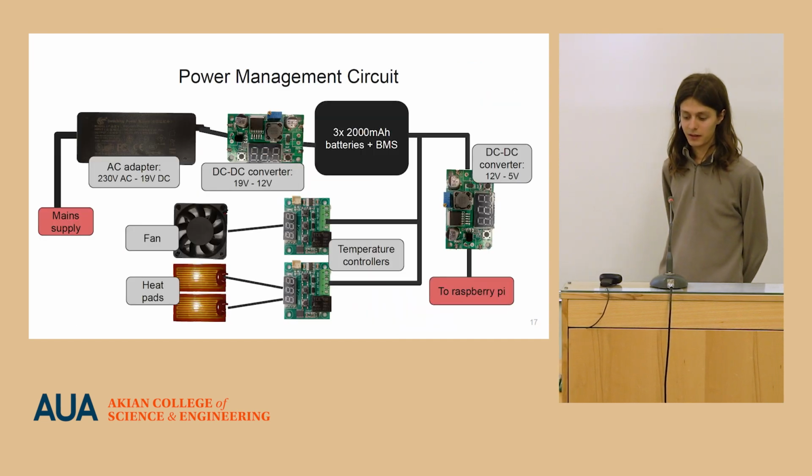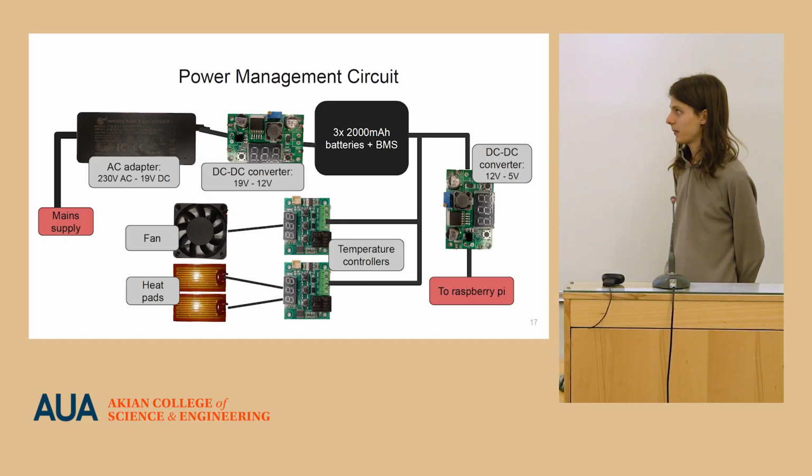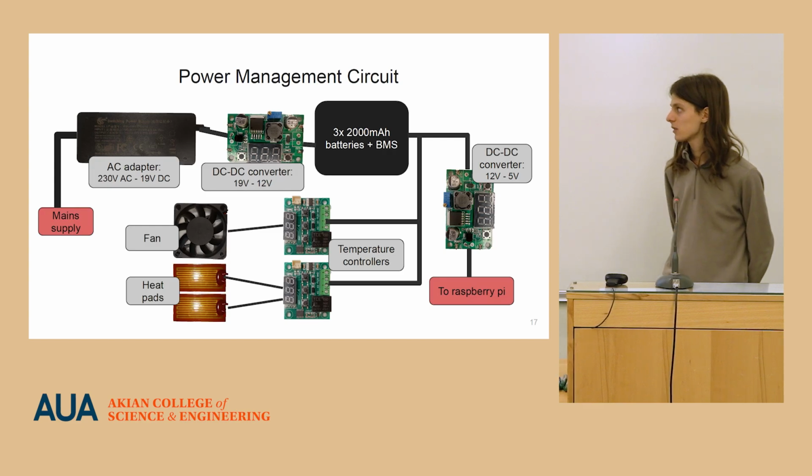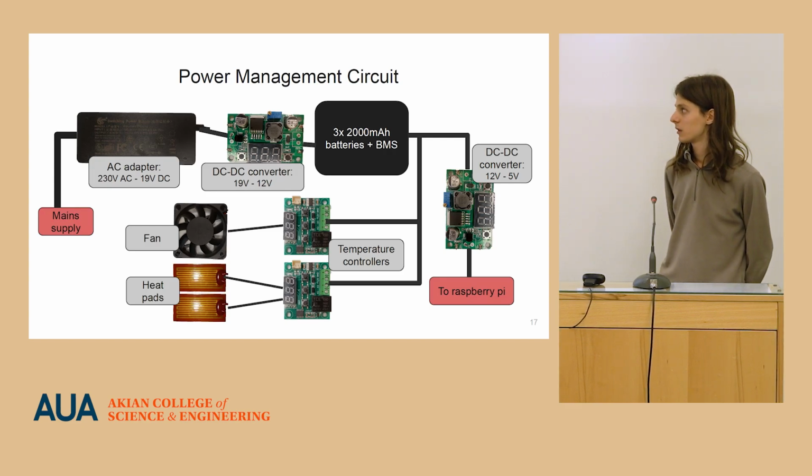So the third circuit is the power management circuit. It can take supply from the mains at 230 volts AC. Then it will be converted to 19 volts DC and then further to 12 volts DC.